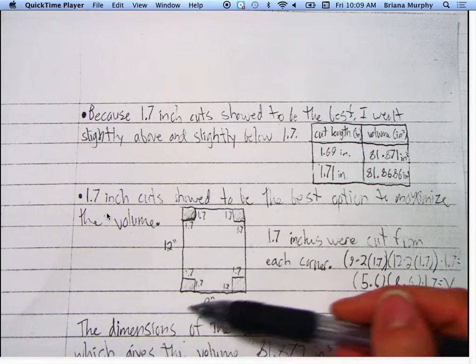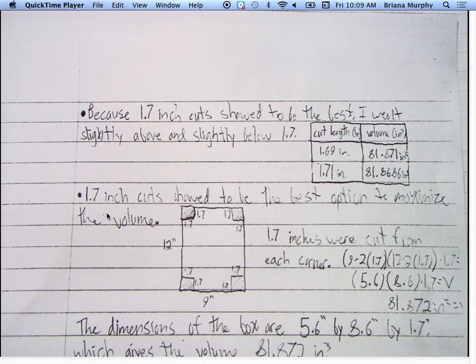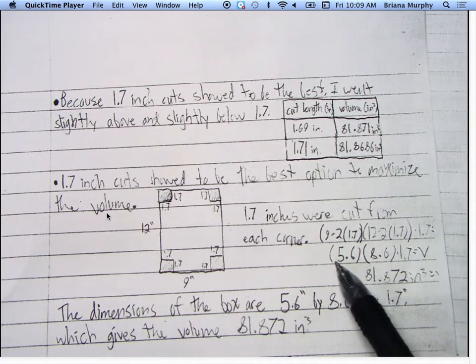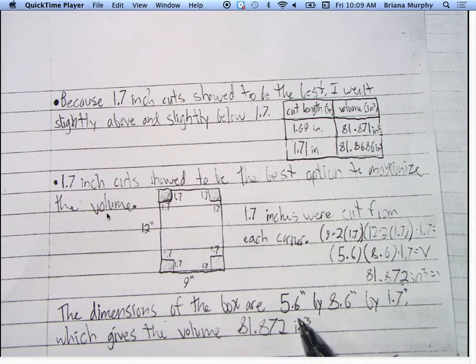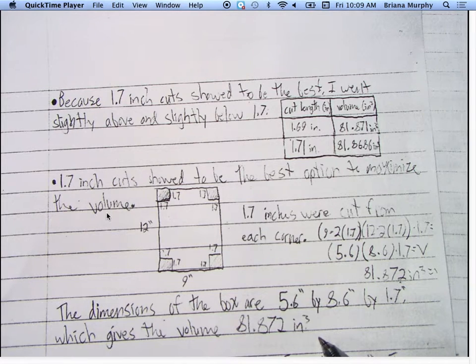So I show my diagram here at 12 by 9 with 1.7 cuts on all sides. So I plug in 1.7 and I get all of my dimensions and my new volume. So the dimensions of the box are 5.6, 8.6, 1.7 with a volume of 81.872 inches cubed.